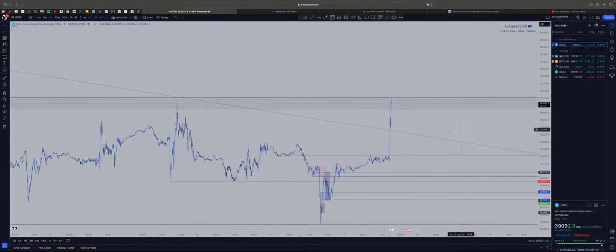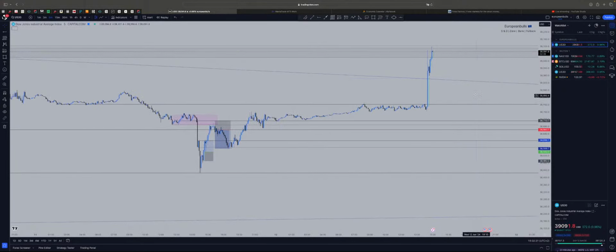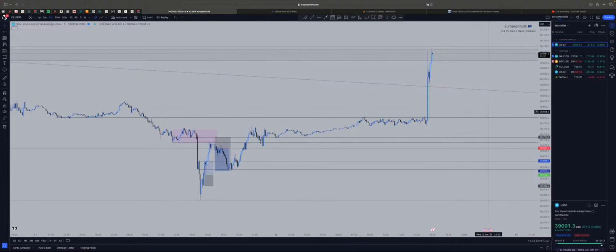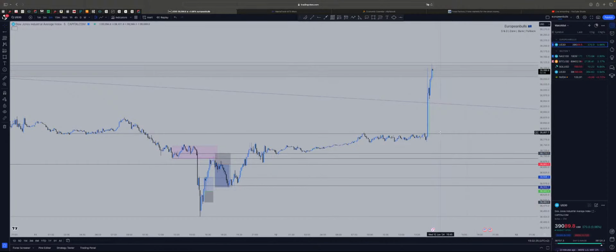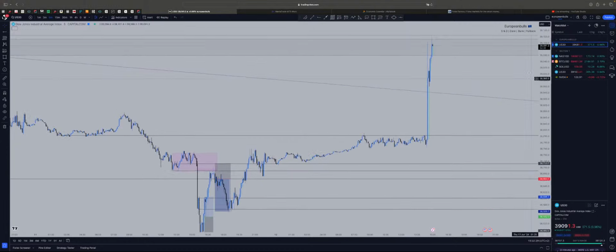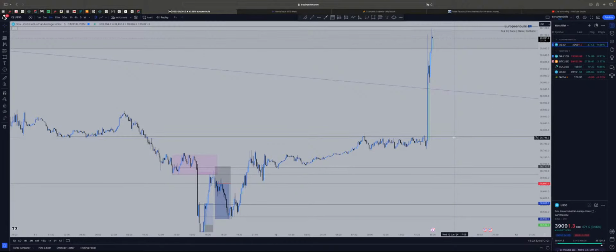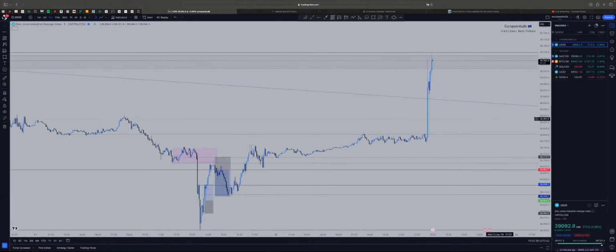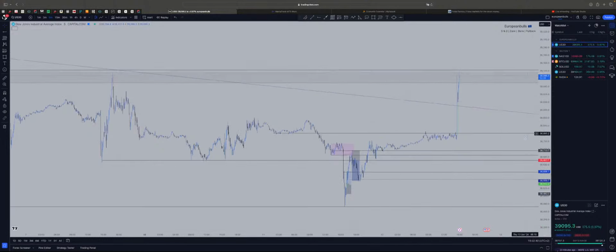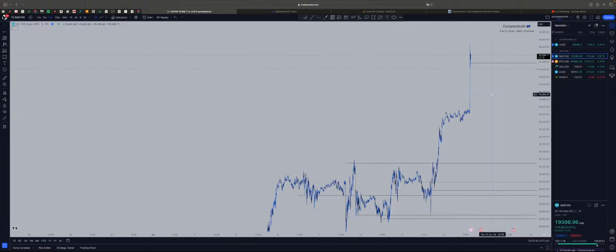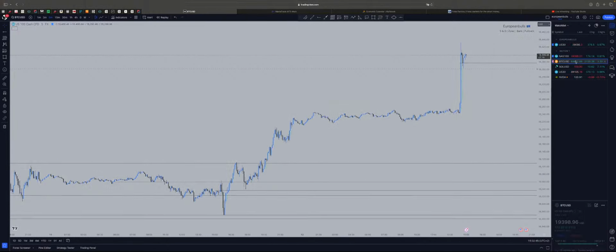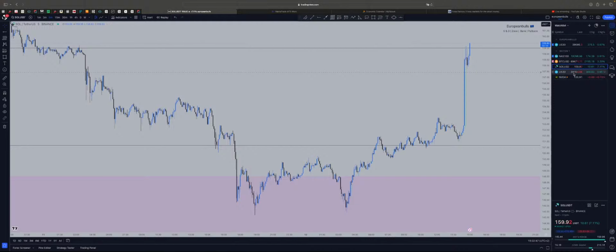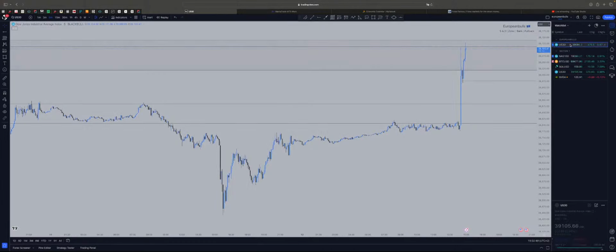The numbers came out really hot, which in result pushed the price of literally everything. US30 went from 795 to 39,090. Wow, almost $400. So Nasdaq the same, Bitcoin, Solana, everything went up.